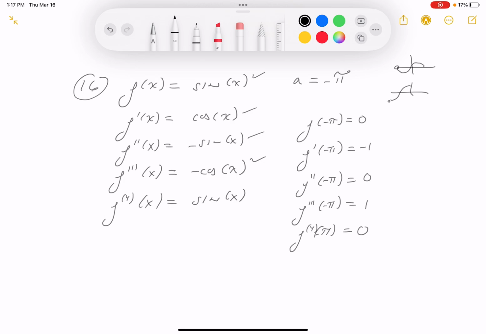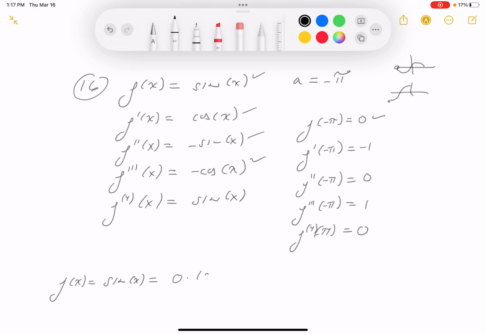All right, so write this down. F of x, that equals sine of x. And we can start writing this down. So, the first term, let's write down 0, and then I got this over here.